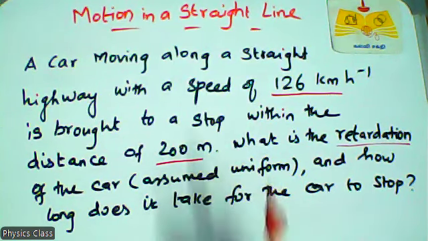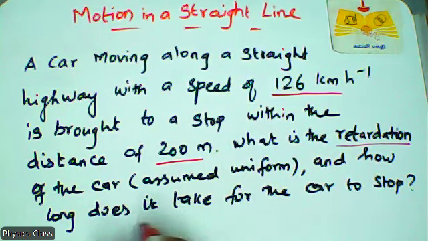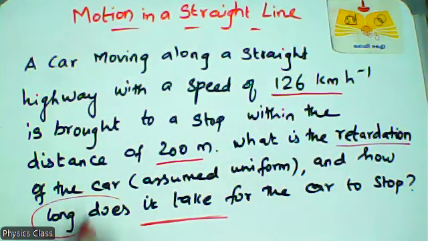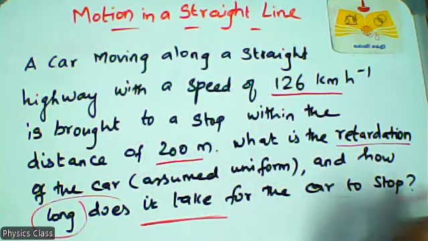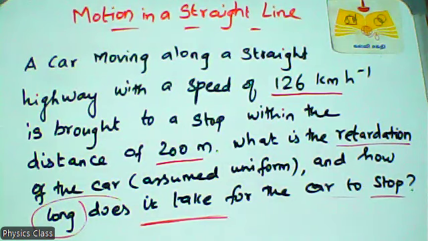That is assumed uniform, in the environment of straight line motion. And how long does it take for the car to stop? How long means how many seconds or how many hours.